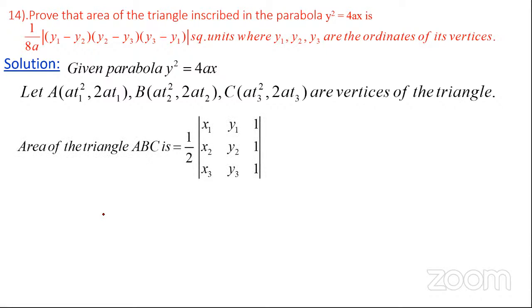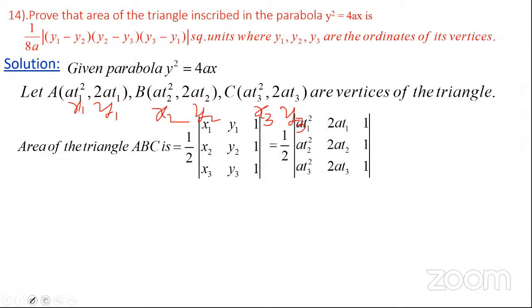I'm taking 1 by 2 of the determinant with rows x1 y1 1, x2 y2 1, x3 y3 1. Just substitute the values in this one. Then you will get 1 by 2 of the determinant with rows at1 square, 2at1, 1; at2 square, 2at2, 1; at3 square, 2at3, 1.